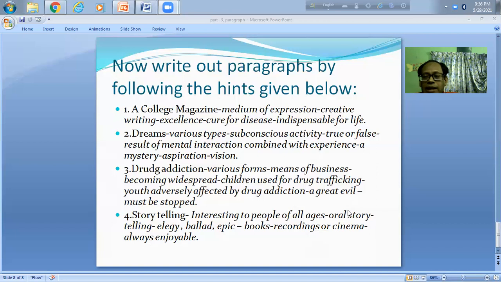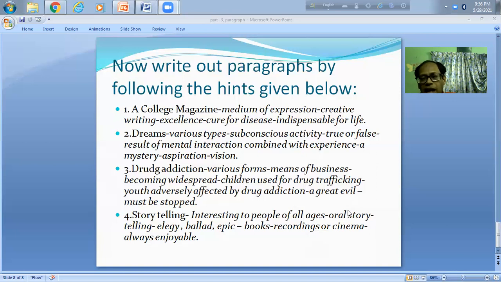So, what kind of drug addiction exists in the society? What types of drugs are available in the market? Who actually traffic them, or who are related with drug trafficking?